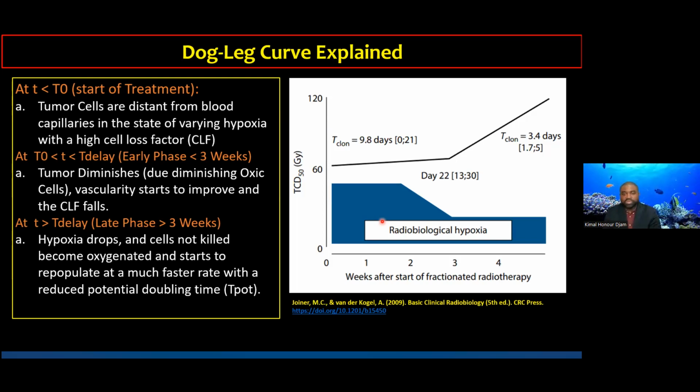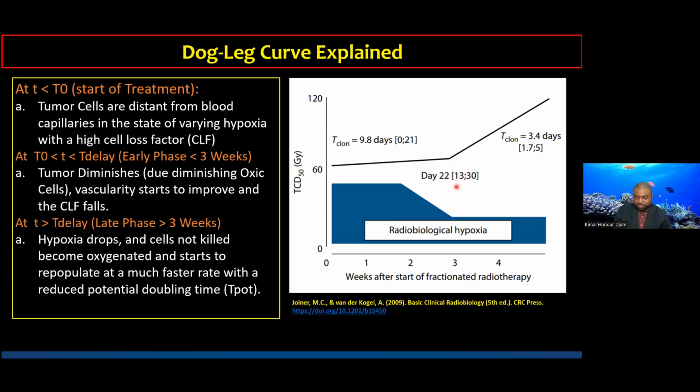And therefore, the cell loss factor, CLF, which is a term used to describe the rate at which cells are lost, is essentially stable or a little bit small. But what happens at around this T delay or at the onset of repopulation? When we begin radiation therapy, the tumor begins to diminish in size.